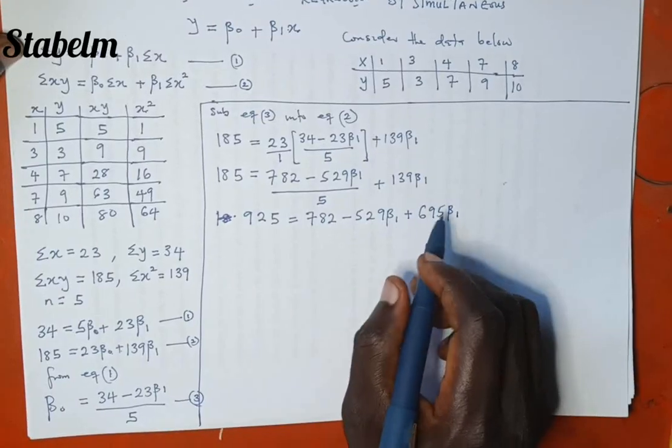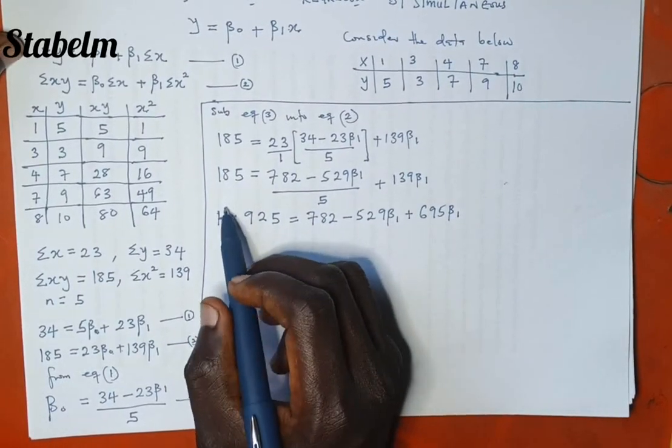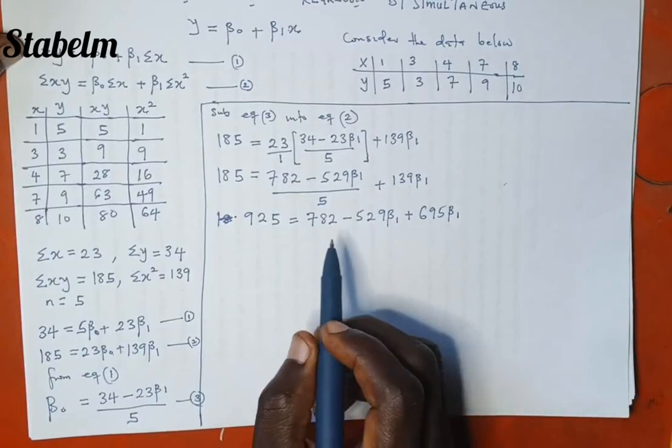You're supposed to have divided by 5, but we've already used it to multiply the value at the other end.